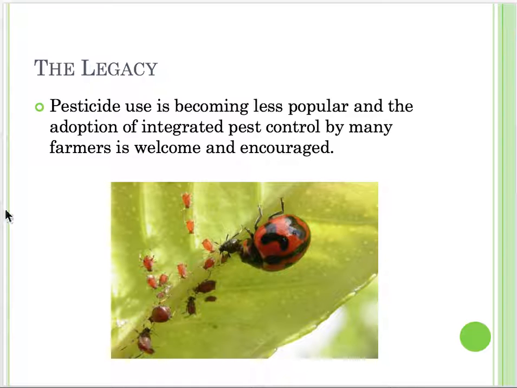Okay, so now we are looking for alternative ways, instead of using those pesticides that were really harmful chemicals. It's really important to have a look at those other options.